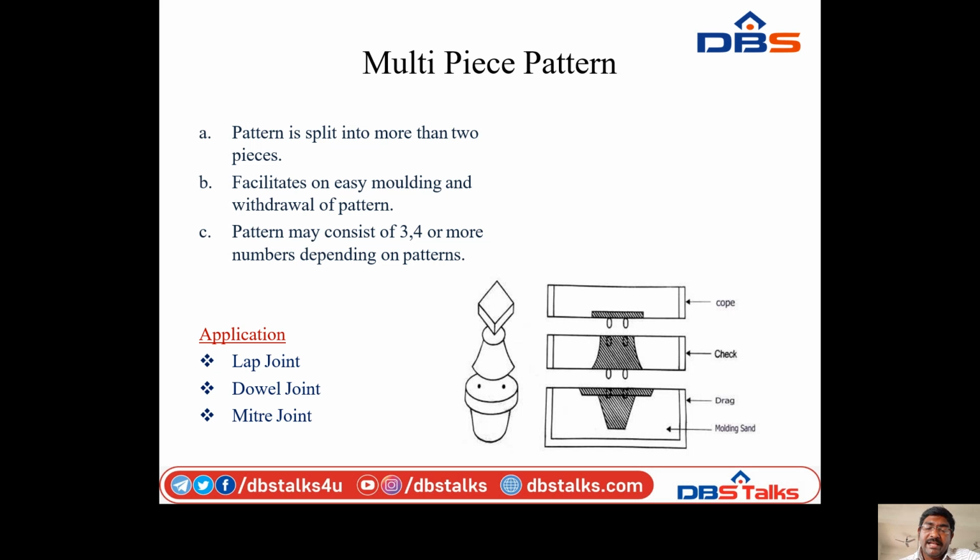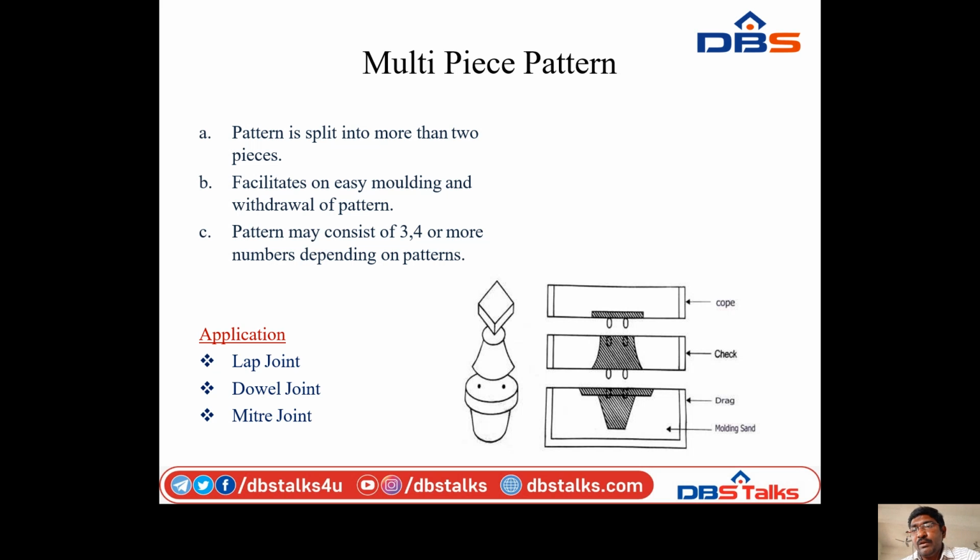The number of men or tasks required to make a mold will be equal to the number of pieces in the pattern. We can create the number of pieces by using joints, such as lap joint, dovetail joint, and miter joint.